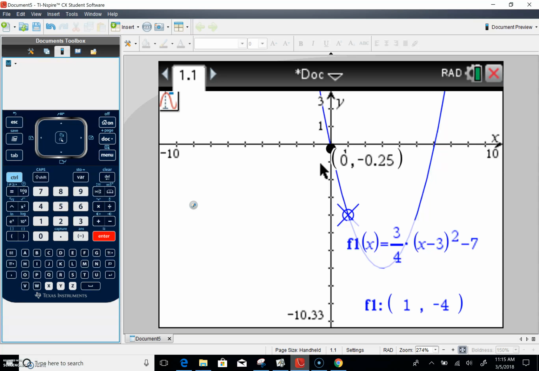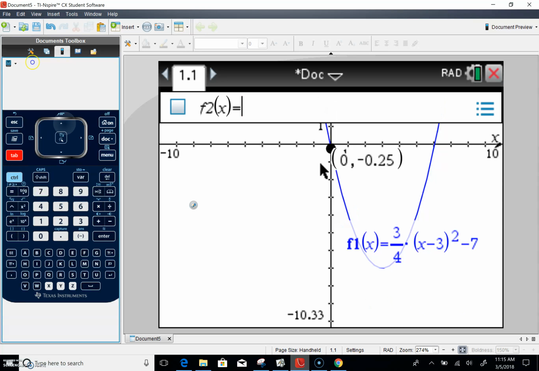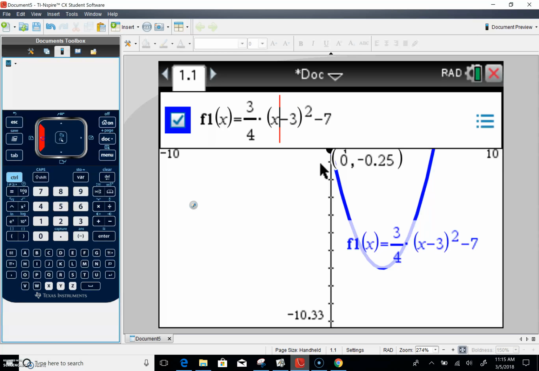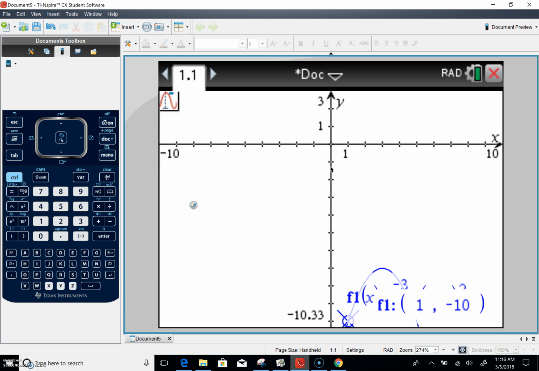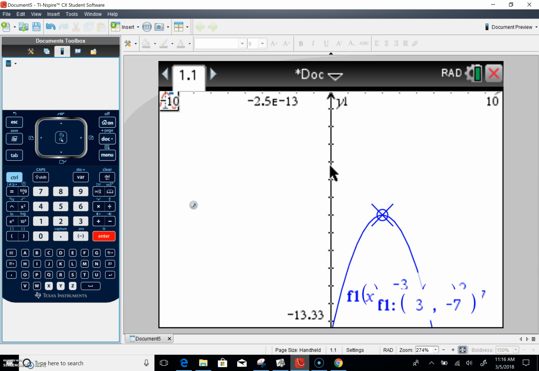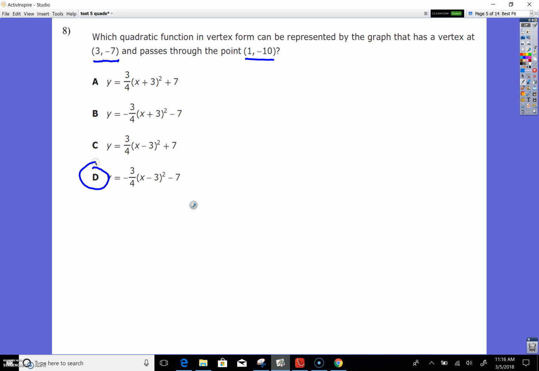I didn't put negative. Okay, menu, trace, graph trace. 3, enter, negative 7, 1, enter, negative 10. So, that gives us that answer.